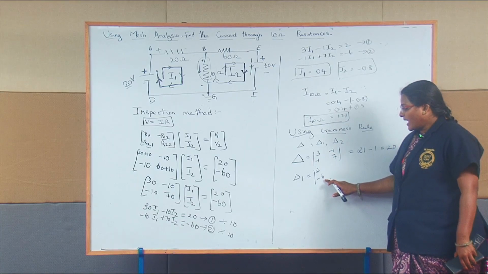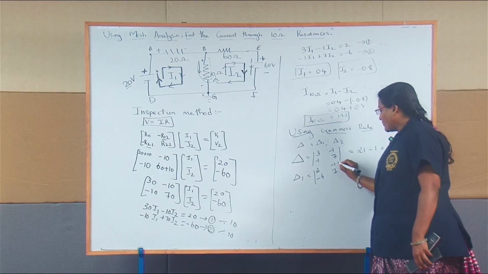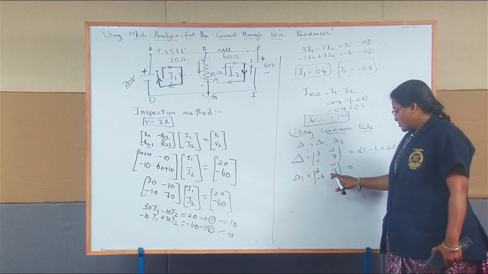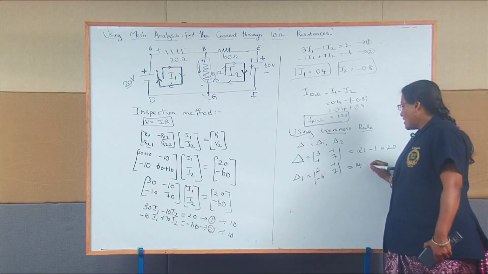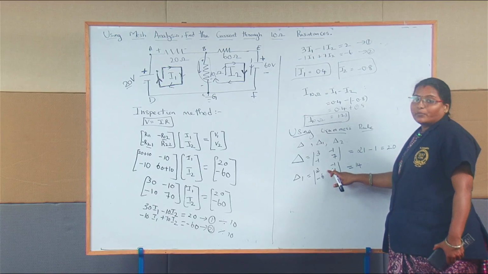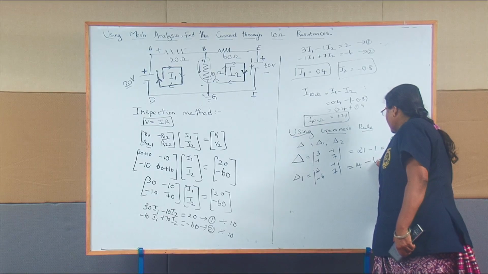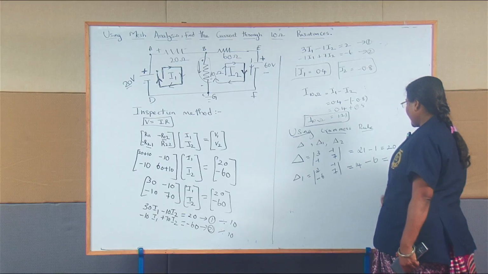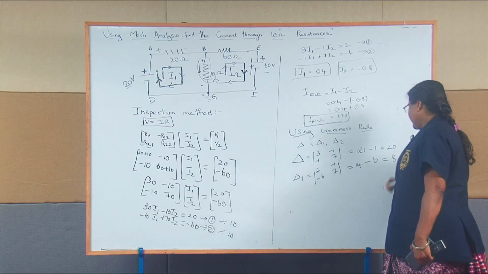So 2 minus 6, here minus 1, 7. Similarly, you have to find out the determinant. 7 into 2, it will become 14. 6 into 1, minus minus will become plus, plus into minus, it will become minus 6. So 14 minus 6 equals 8.